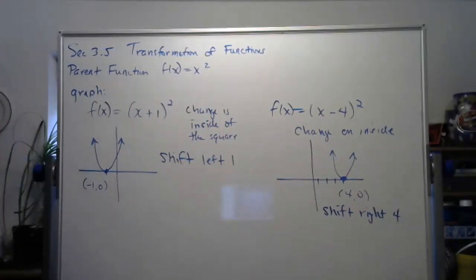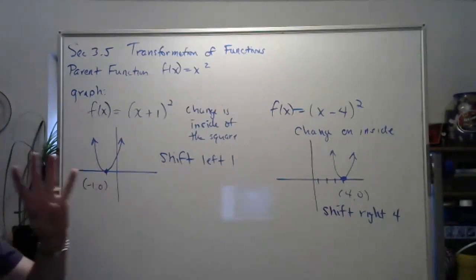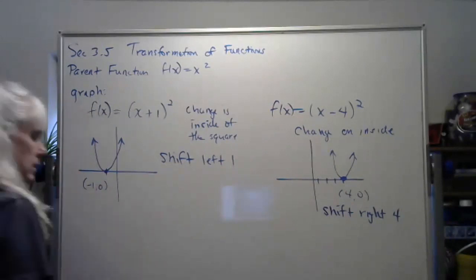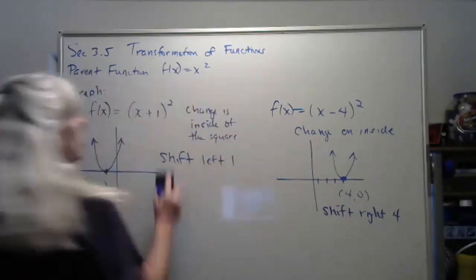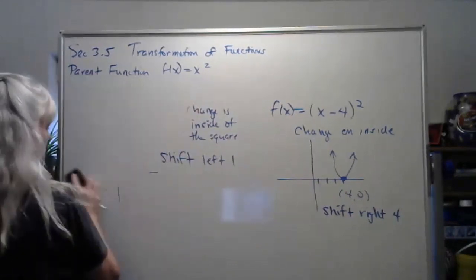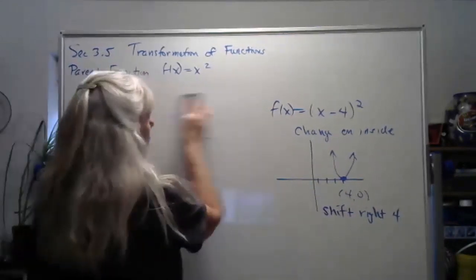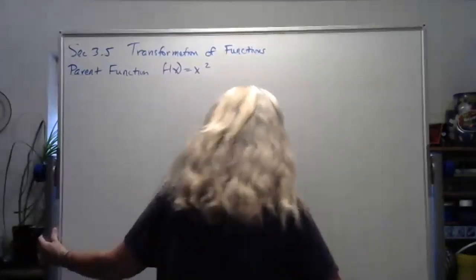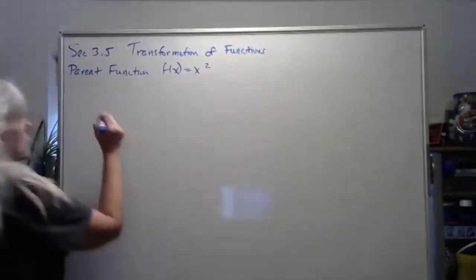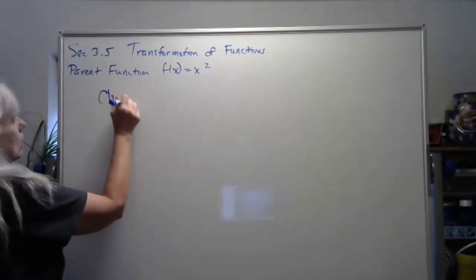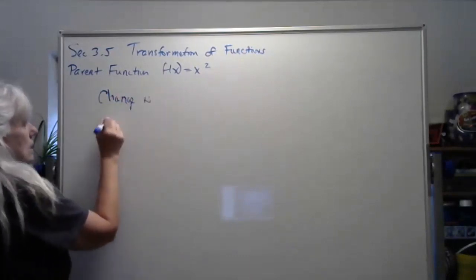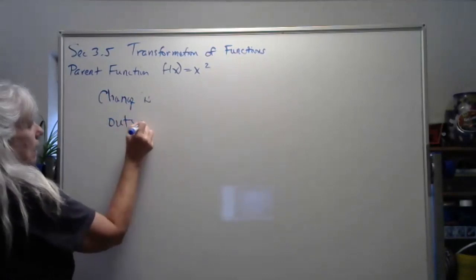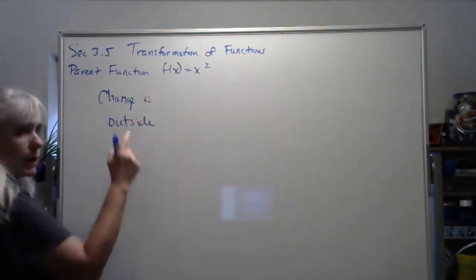Okay, so before we go any further, I want to stop and summarize what's happened with these 4 graphs, just so that we're all on the same page. So right now, we know that if the change is outside, we went up or down.